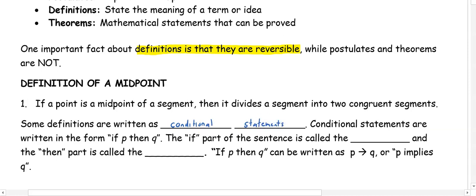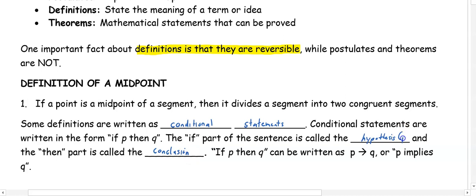Conditional statements are written in the form if P then Q. The if part of the statement is called the hypothesis, and the then part is called the conclusion. So when we are looking for our hypothesis and conclusion, we don't include the words if and then. They are triggers to help us find them.